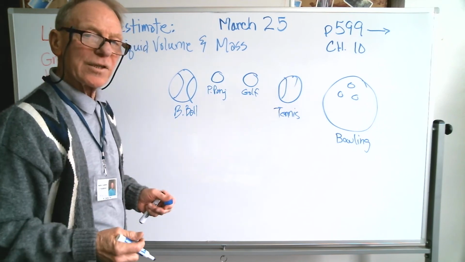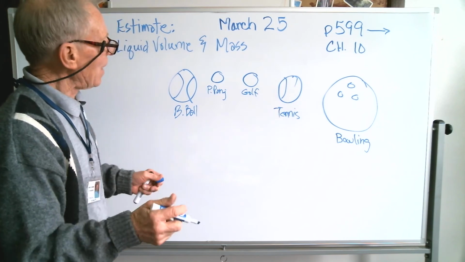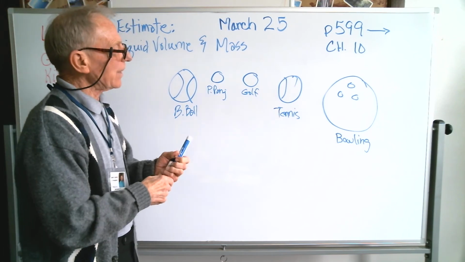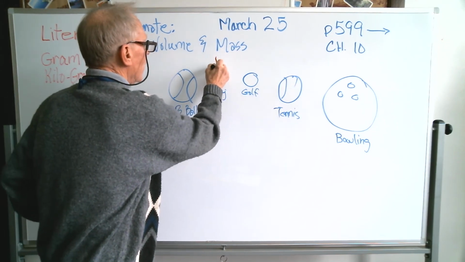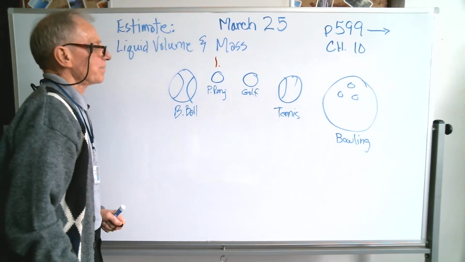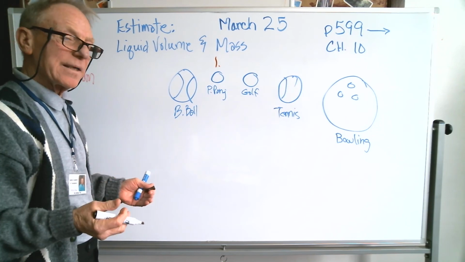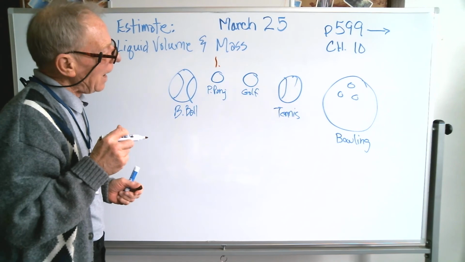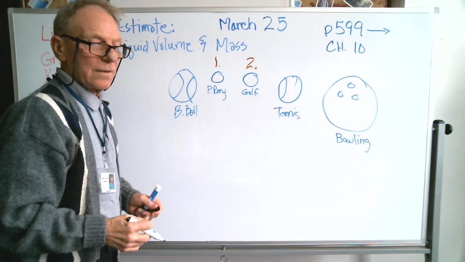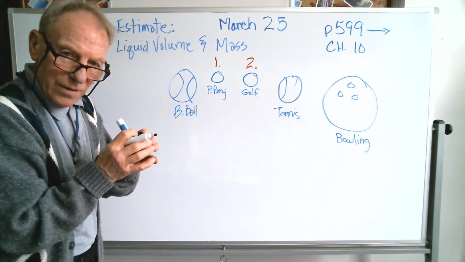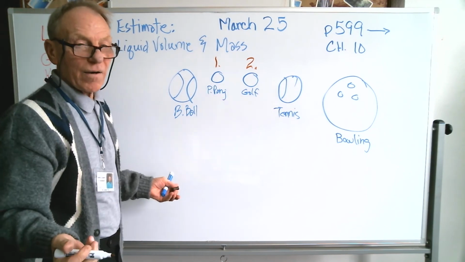So if I had to put these in order from the least mass to the greatest mass, I would have to say that the thing with the least amount of mass would be the ping pong ball. That would be number one. Now, it'd be a toss-up between the golf ball and the tennis ball. But I'm going to go with the golf ball because the golf ball has a greater mass to it internally, whereas the tennis ball's full of air on the inside.